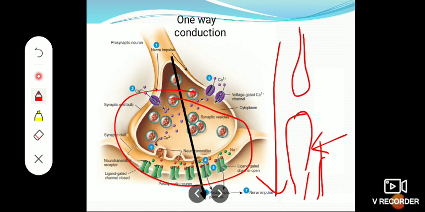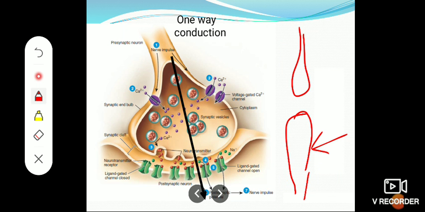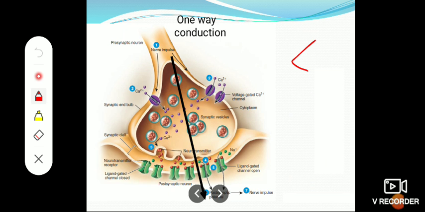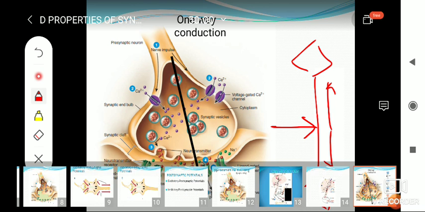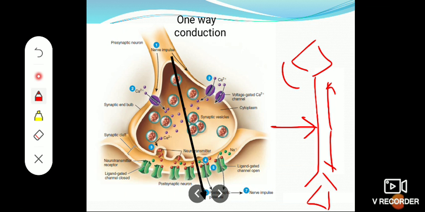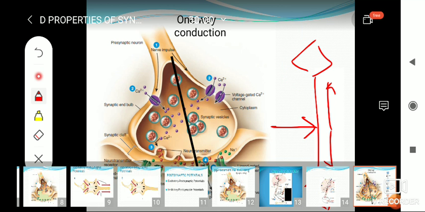If you excite an axon, so this is the cell body, if you excite here, the impulse will go in both directions, here as well as here. It's bidirectional, but through the synapse it will go to here only. It will not go from this to this. So across the synapse we have one-way conduction only.